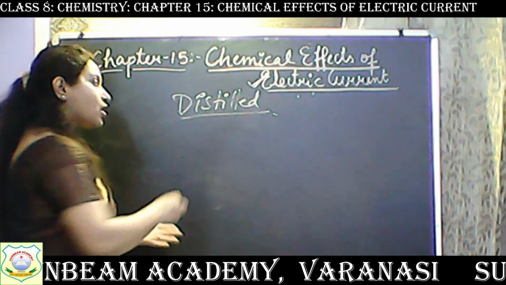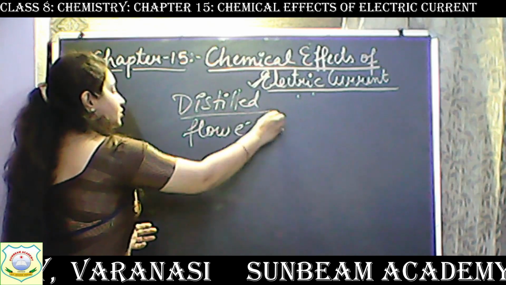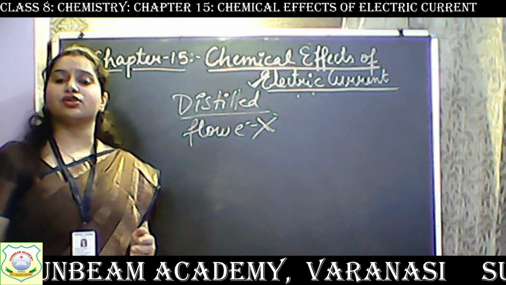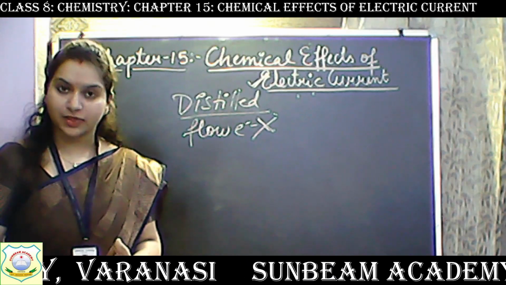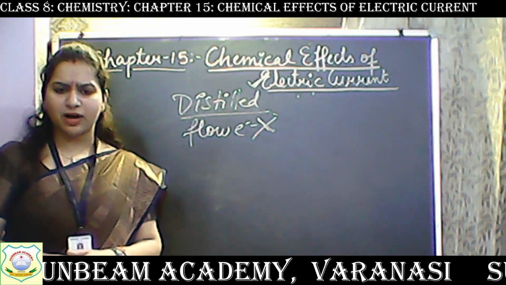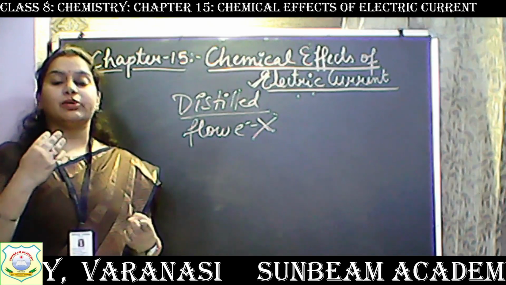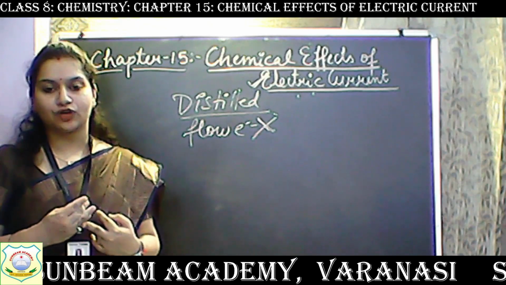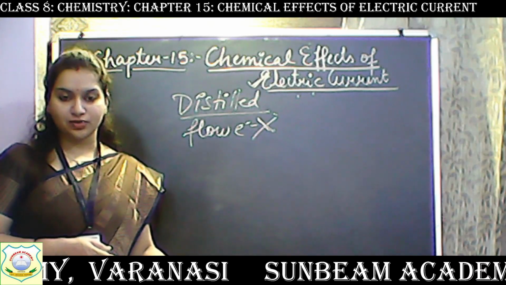Because it does not contain any mineral or impurity, the electrons will not flow through it, and if electrons do not flow through it, it will not conduct electricity. So this we will study in detail. All these things we'll talk about: electrolysis, electroplating, good conductors and bad conductors of electricity. All these things are included in this chapter, children.